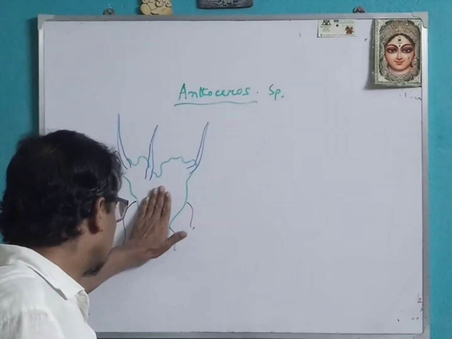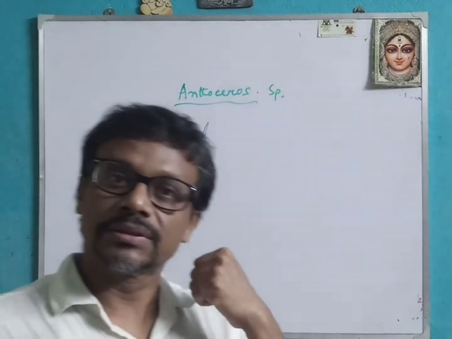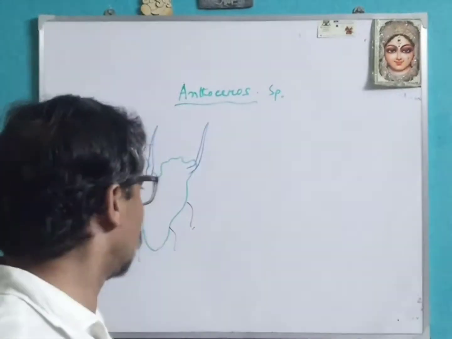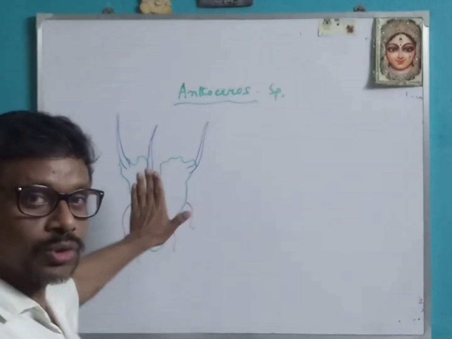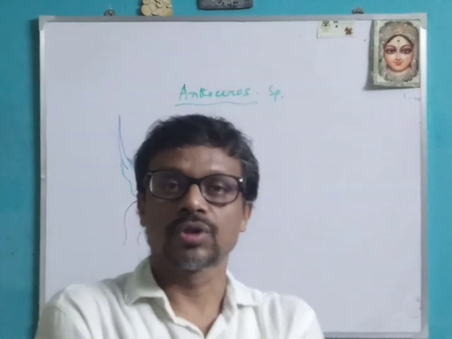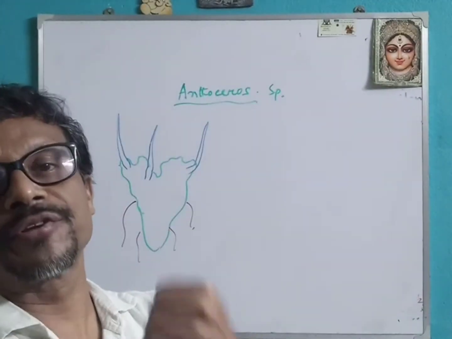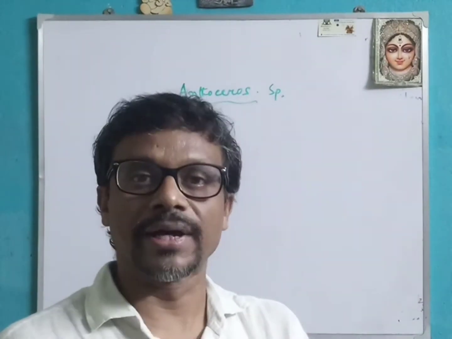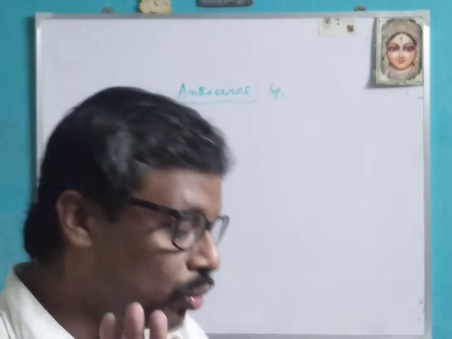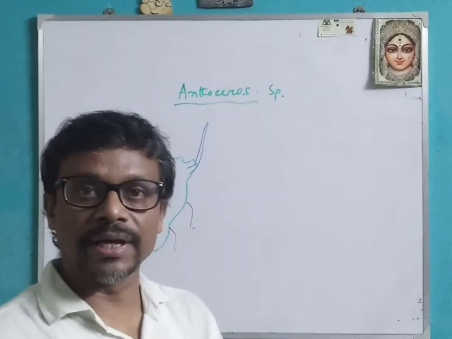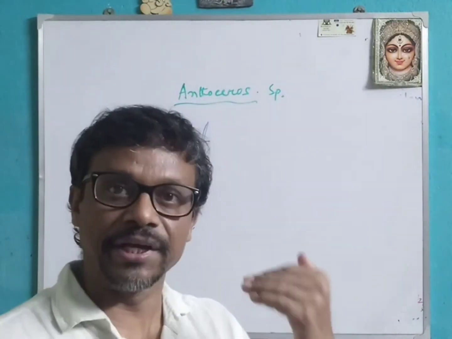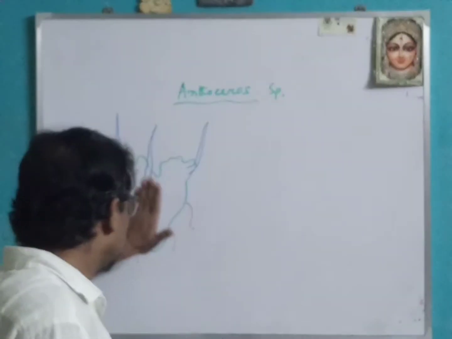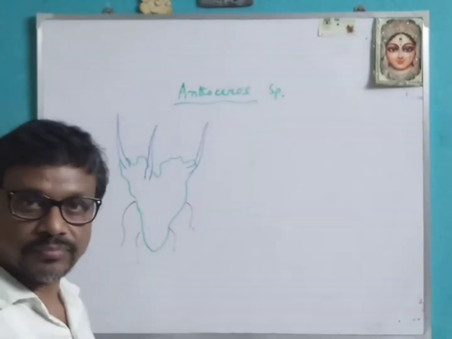Over here, the rhizoids are all smooth walled. Tuberculate rhizoids are absent in Anthoceros. So Anthoceros at its ventral side shows only smooth walled rhizoids, no tuberculate rhizoid, no scale, no moisture containing pocket, no hair-like structure in association with the ventral side.